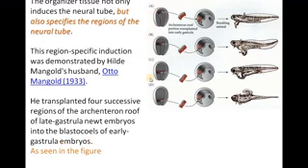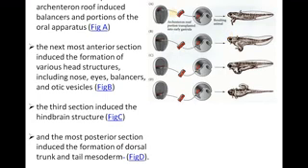As seen here, the first transplantation is from the anterior side, then a middle region, some more middle region, and the posterior part of the developing embryo, and each gives a different additional structure during the development of the newt embryo.